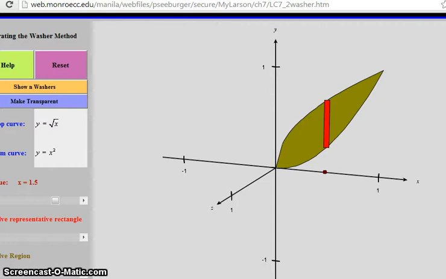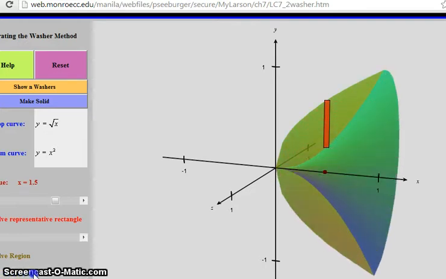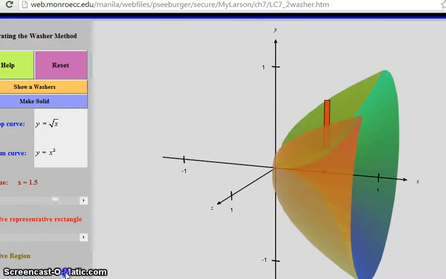We're going to take that area and revolve or rotate it around an axis. In this case, we're rotating around the x-axis, and when we do that, we make a solid figure. In this case, it looks like that. And we're going to try to find the volume of that solid figure.